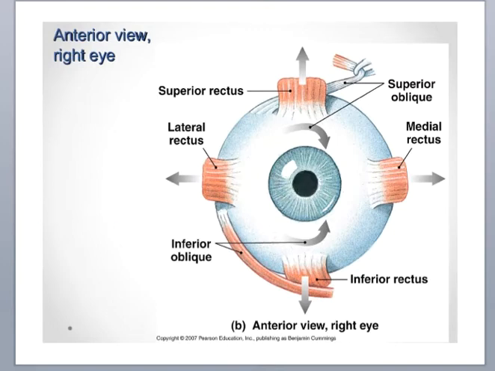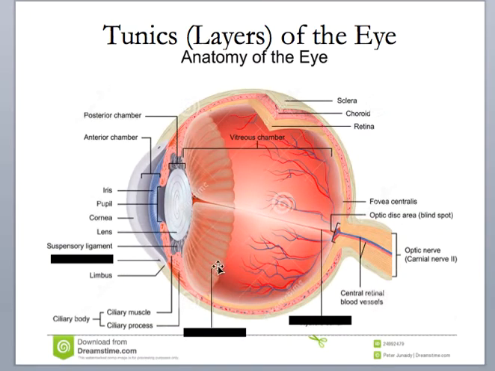Now, the inner nervous tunic is made up of the retina. And let me go back to this one right here. When you're looking at the inside of the eye, the lining, the majority of the posterior and sides of the inner eye, all this reddish pink stuff, this is all the retina, okay?